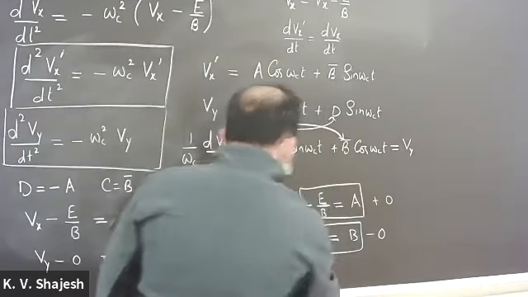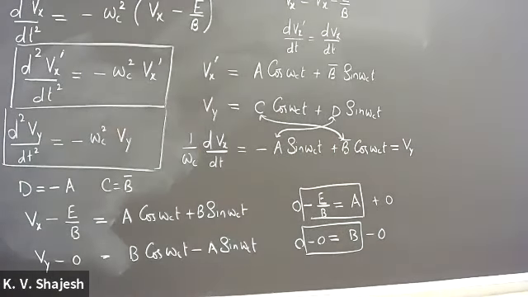So B is equal to 0 and A is equal to minus E over B. Those are the conditions.